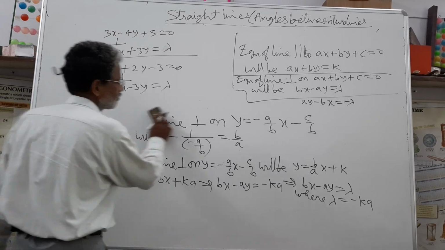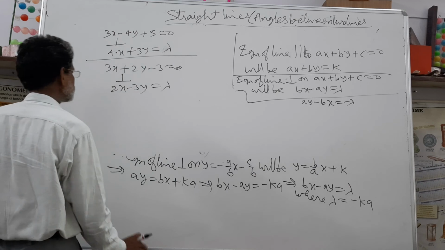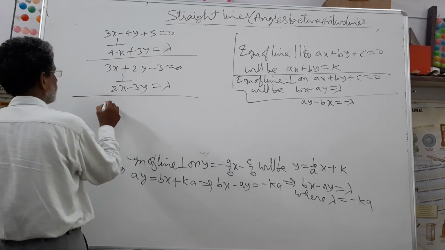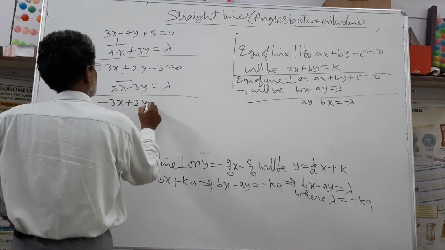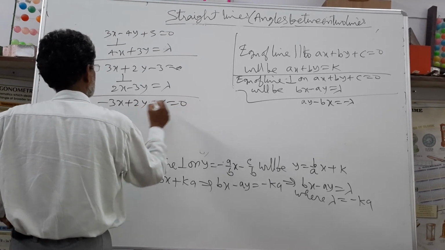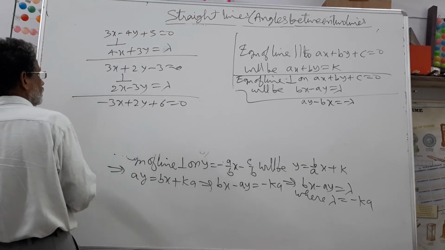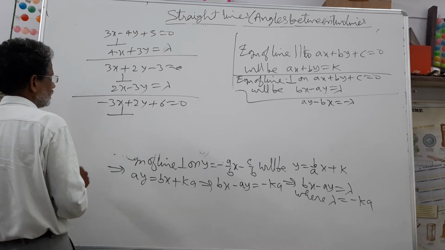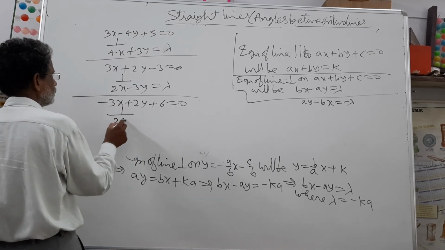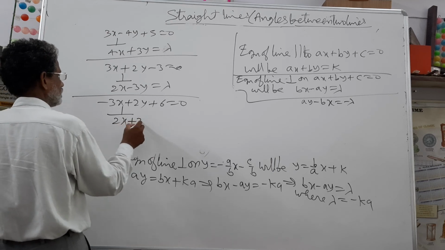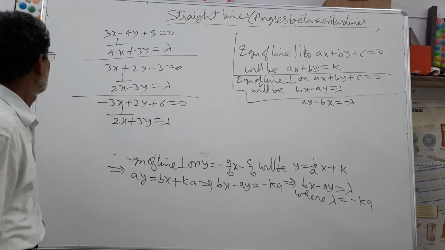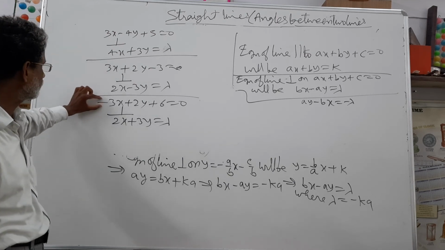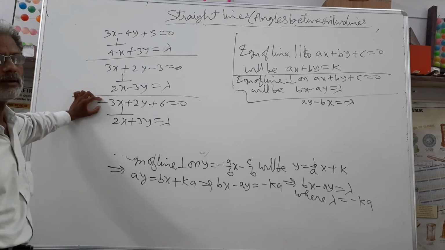Take another example. If your line is minus 3x plus 2y plus 6 is equal to 0, then its perpendicular equation will be 2x plus 3y is equal to lambda. I have changed the sign of the coefficient of x.